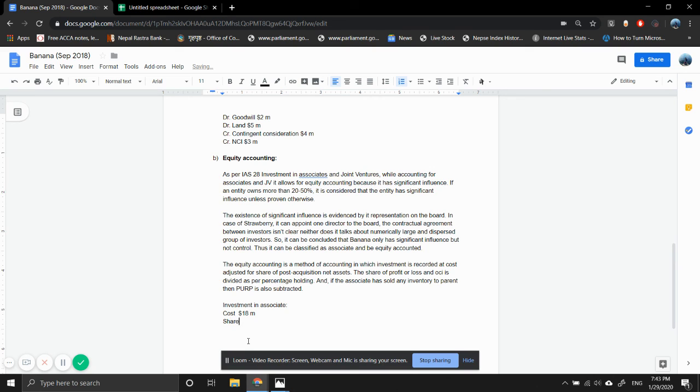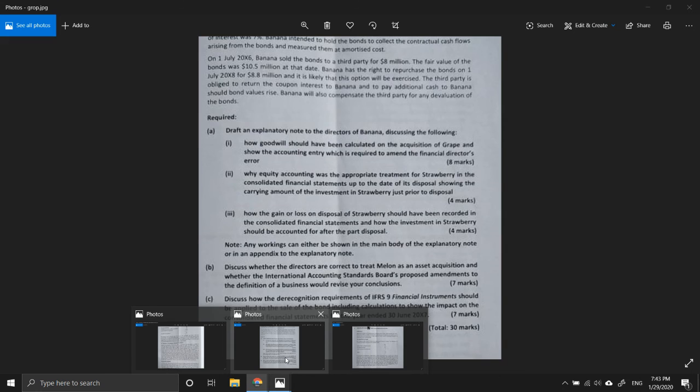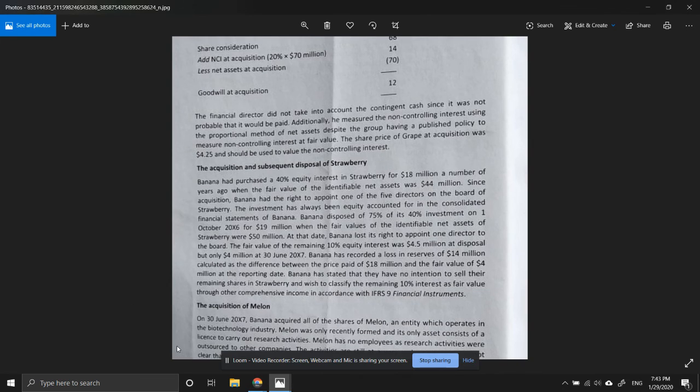And then after that, share of profit. No, it's net assets over here. So fair value of net assets was 44 million, and later on it was 50, right? So 50 minus 44, 6.